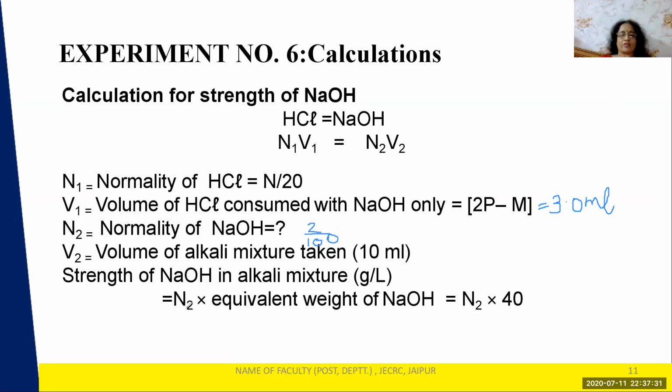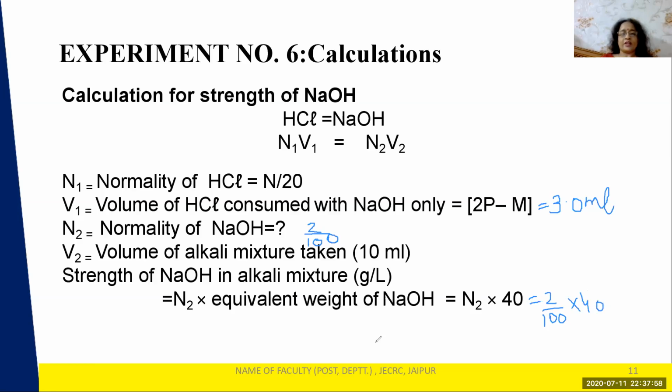Normality of sodium hydroxide is multiplied with the equivalent weight of sodium hydroxide. That gives us N2 multiplied by 40, and this comes out to be 2/100. That is the normality of sodium hydroxide we have calculated earlier, multiplied by the equivalent weight of sodium hydroxide, that is 40 here.